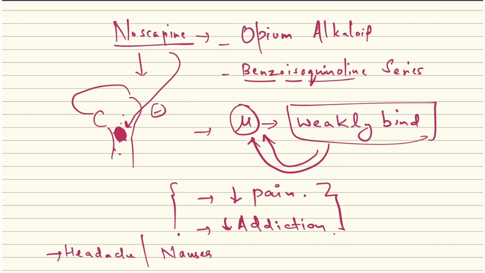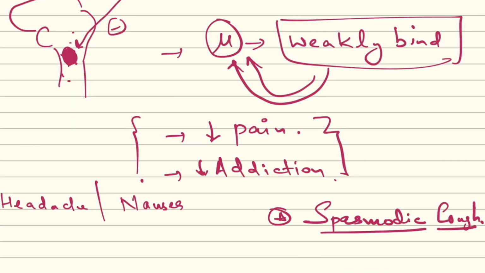It is most often prescribed to treat spasmodic cough, for example in asthmatic patients who have recurrent attacks of spasms. Noscapine is a very good drug for that. It also causes relaxation of the respiratory muscle, so it has a soothing effect and a muscle relaxant property.